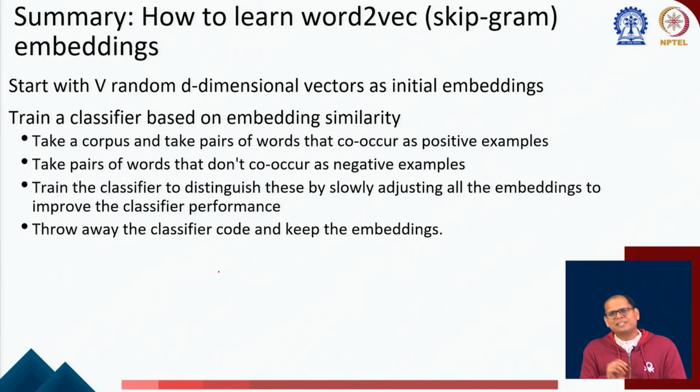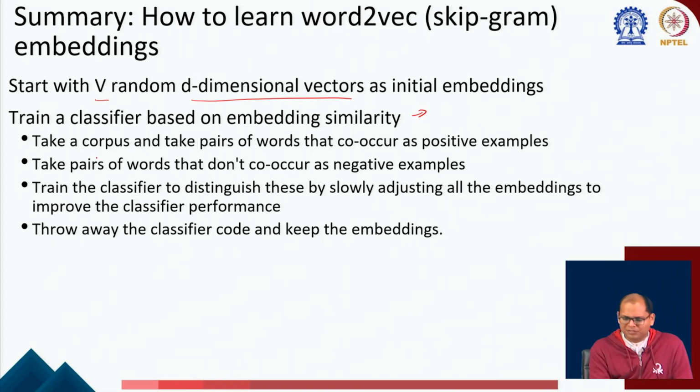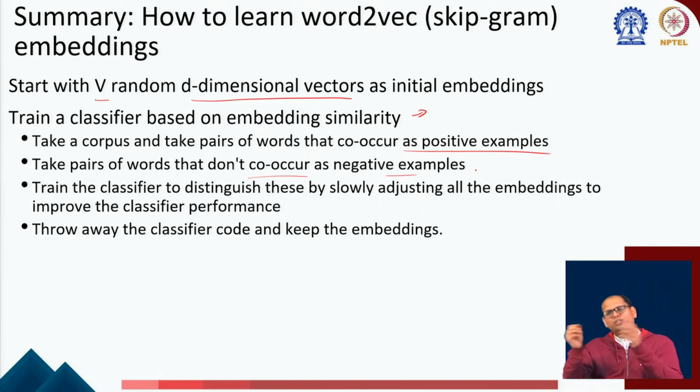So to summarize, how are we learning this word2vec? We started with V random d-dimensional vectors as the initial embeddings, actually 2 sets of these. Now we train a classifier based on embedding similarity. So we took a corpus, pairs of words that co-occur as positive examples and that do not co-occur as negative examples, and we trained a classifier that distinguishes between the 2.